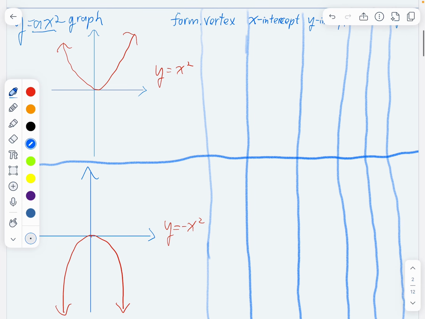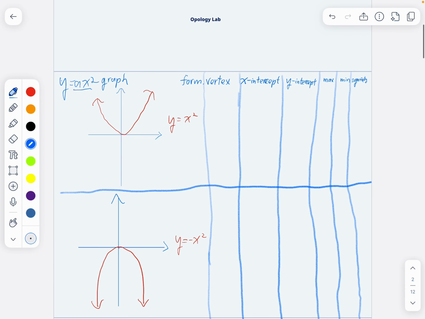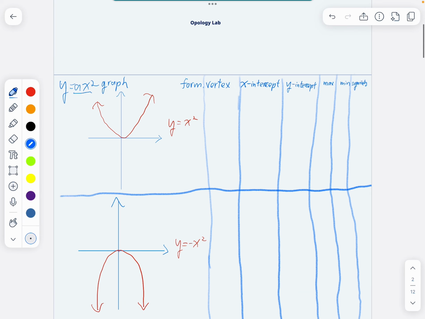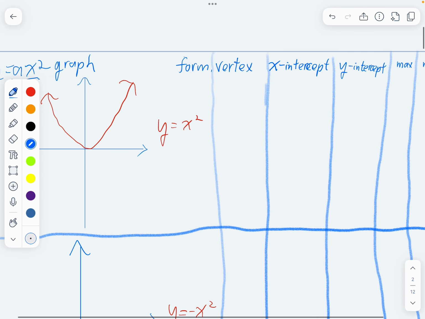The first one opens upward, and the second one opens downward. First, let's talk about the first one, where a equals 1, so it passes through the origin.